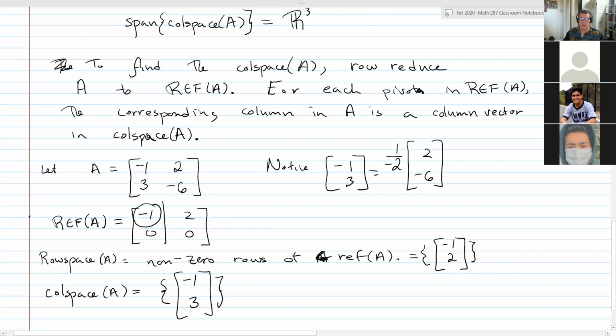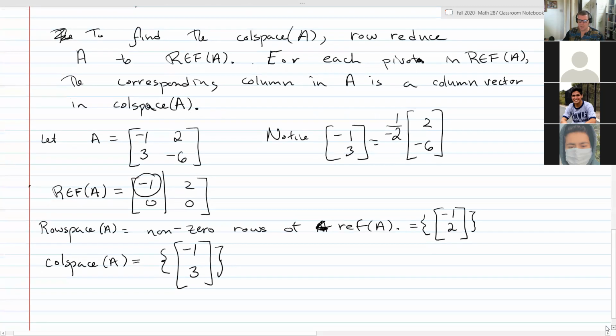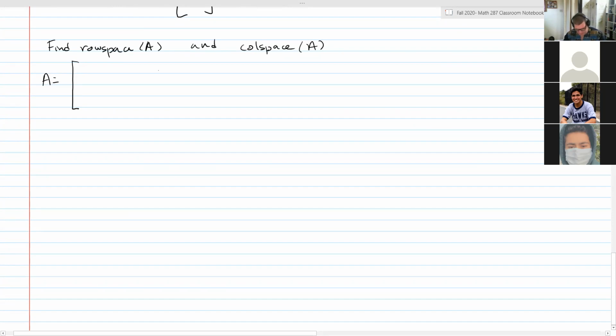We're going to let A equal, so what we want to do is find the row space of A and the column space of A. Let's say, for example, we take this.